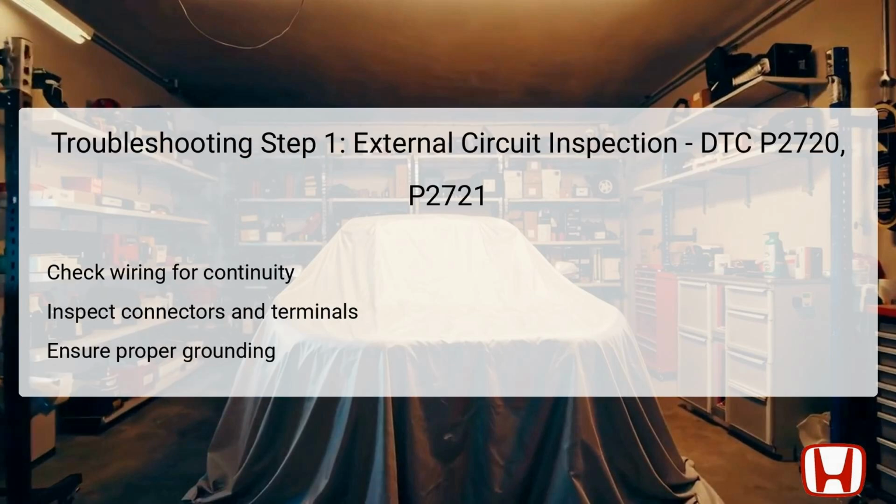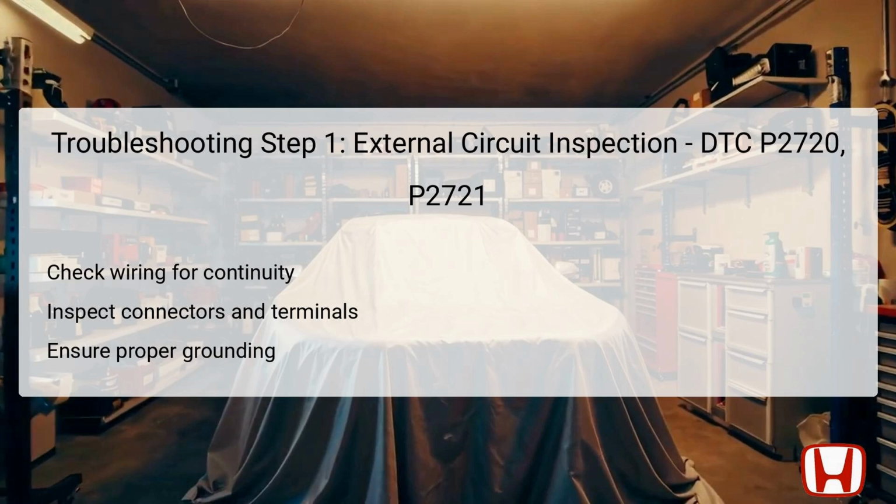The first step in troubleshooting DTC P2720 and P2721 involves inspecting the external circuit associated with the CVT lockup clutch control solenoid valve. Start by checking the wiring for any signs of continuity issues such as breaks or frayed connections, which might affect signal transmission to the solenoid.